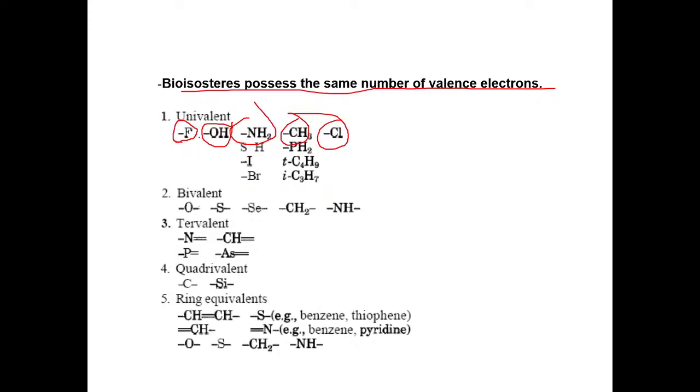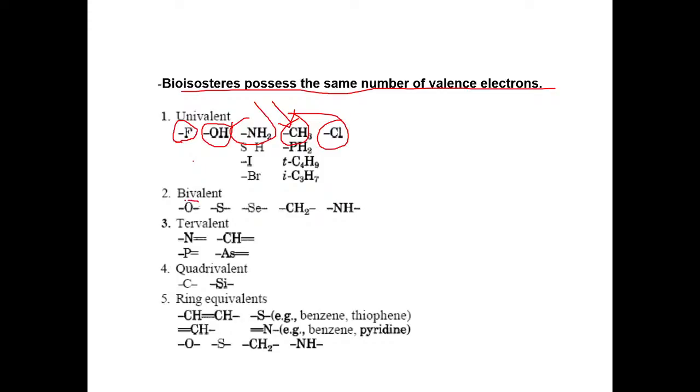OH, NH2 and chlorine have significant electronegativity, so the polarity will be retained, whereas when you replace fluorine with CH3, the polarity will be completely opposite. Correct? So you need to be careful while choosing the bioisosteric replacement in the chemical structures.